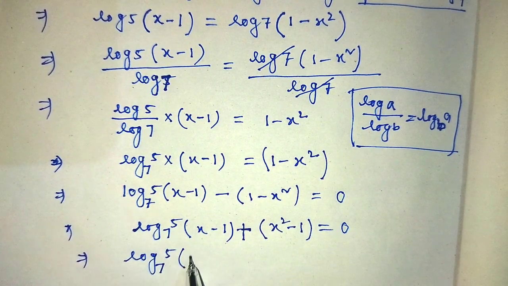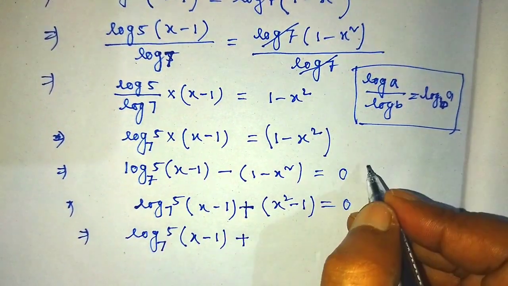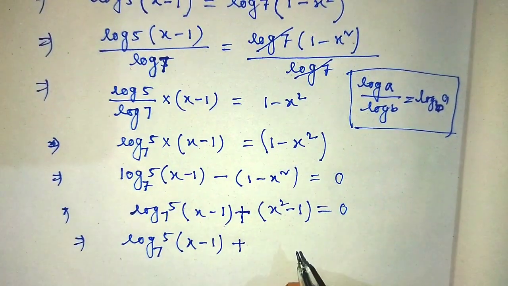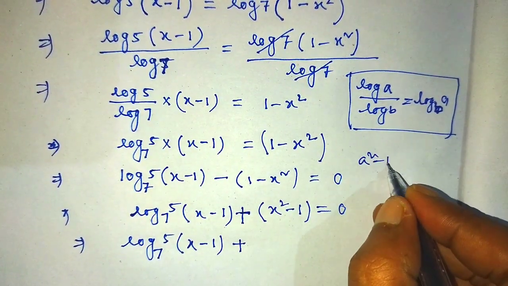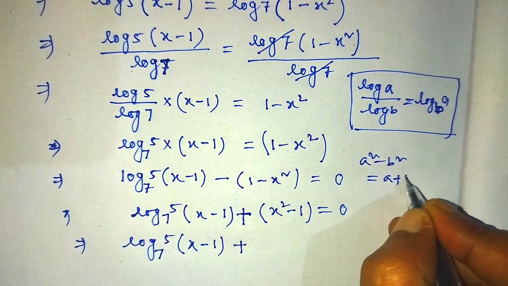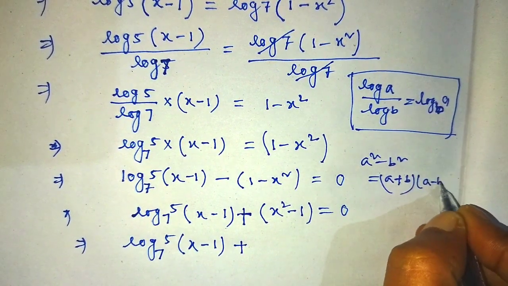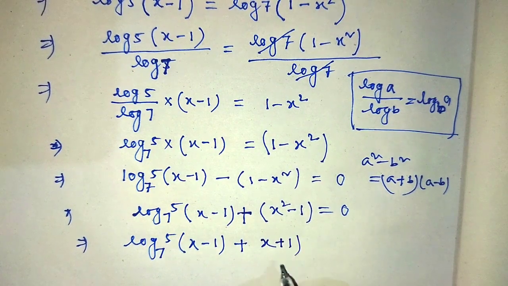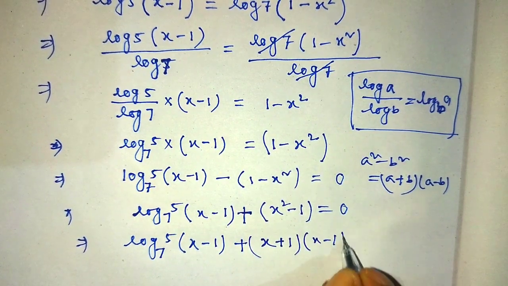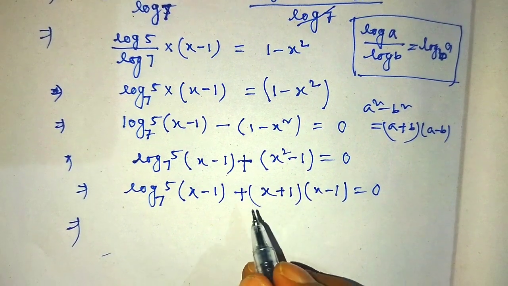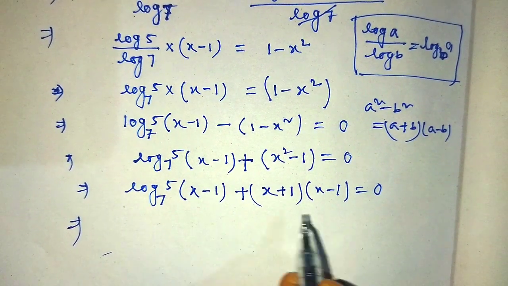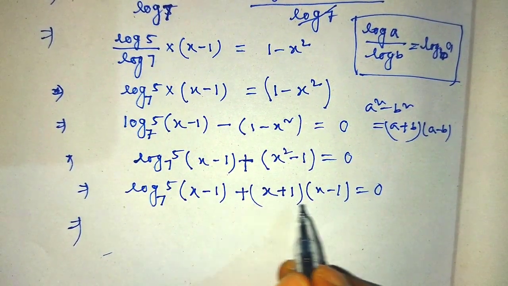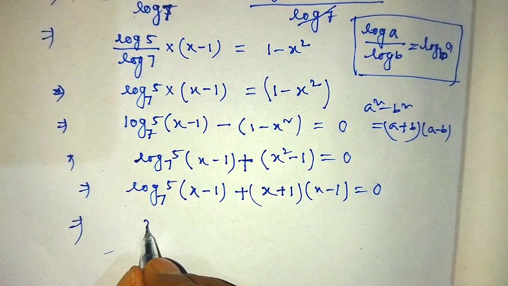Again we write log of 5 to the base 7 into x minus 1 plus, and we can apply the formula a square minus b square is equal to a plus b into a minus b on this algebraic expression. So we can write x plus 1 into x minus 1 is equal to 0. On the left hand side there are two terms, and in both terms x minus 1 is present, so we take common x minus 1.